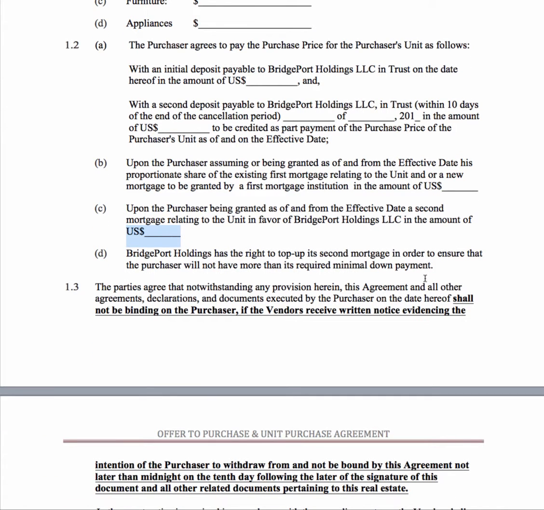Let's move on. Now this is important. The parties agree that notwithstanding the provisions herein, the agreement and all other agreements, declarations, or documents executed by the purchaser on this date shall not be binding on the purchaser if the vendor receives written notice evidencing the intention to withdraw from and not be bound by this agreement no later than the 10th day of signature of these documents.